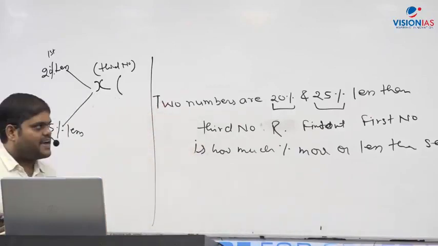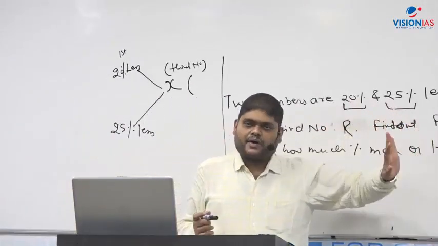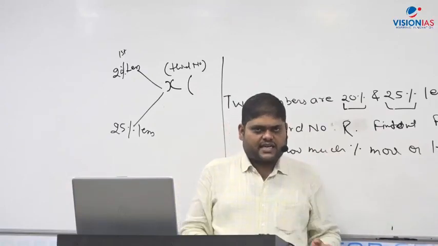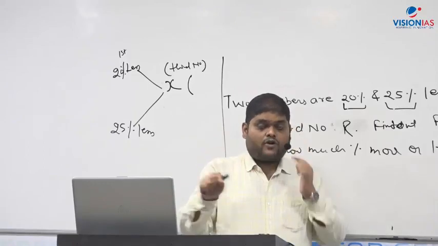But there is a better way. The better way is, whenever all data are given in percentage and the final answer is also in percentage, listen very carefully. You can make a note and write it down.